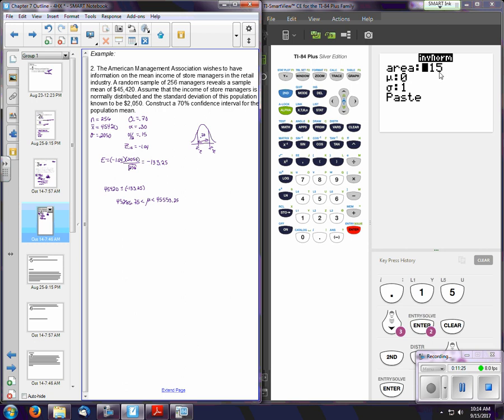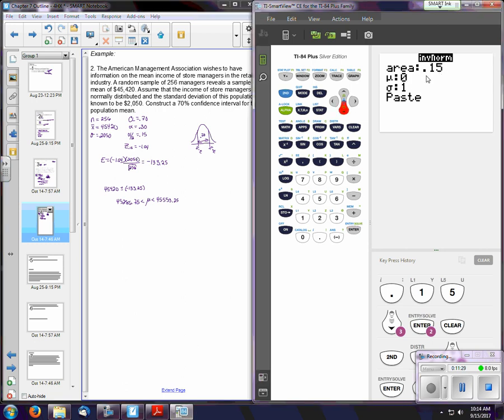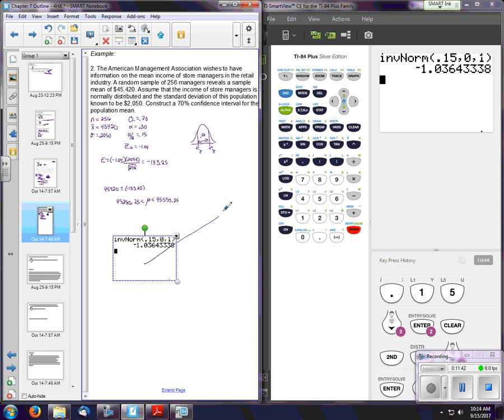So I'm going to tell it take an area of 15%, and in the standard normal distribution, you always have a mean of 0 and a standard deviation of 1. So if we went this route, you'll see that we get negative 1.04 if we round, which was the same thing that we had when we calculated our margin of error before.